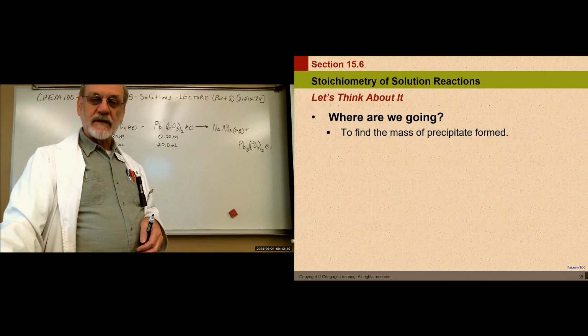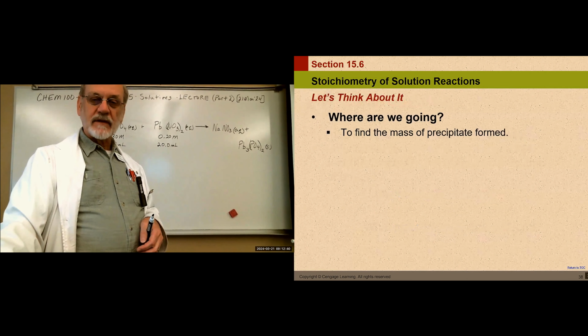Now that we have a balanced equation, we can determine the moles of the reactants present in solution, plus we need to determine which one is limiting. So the moles here would be volume times molarity.